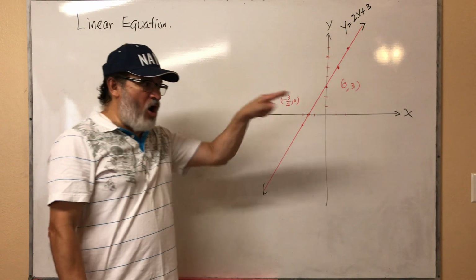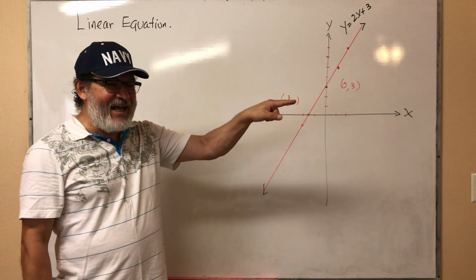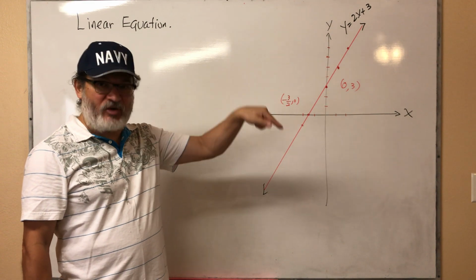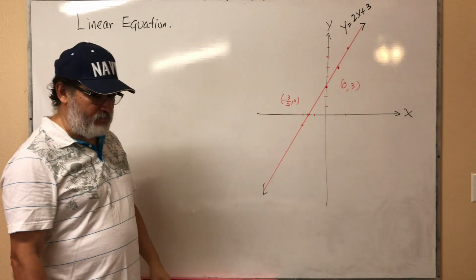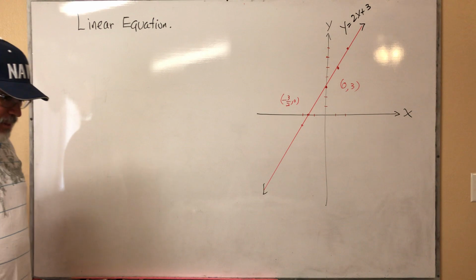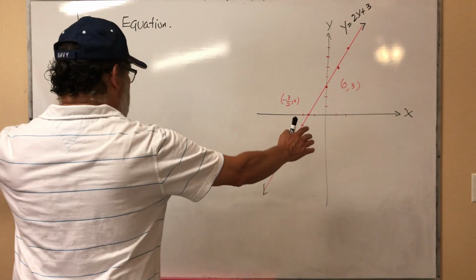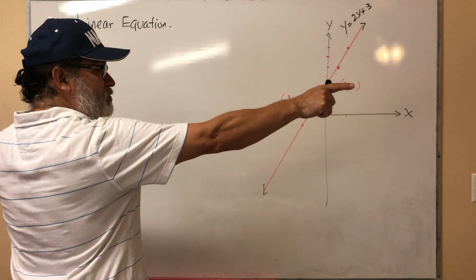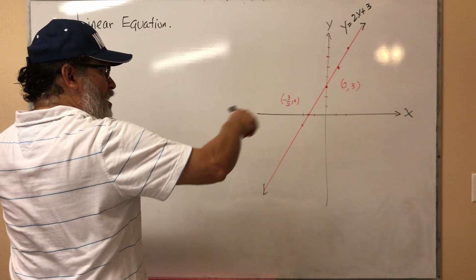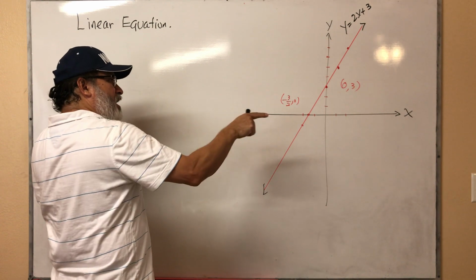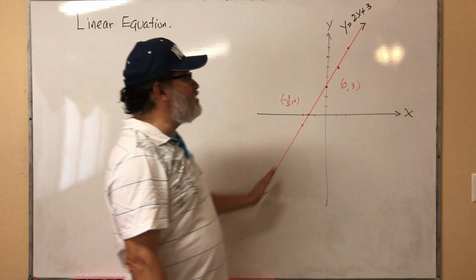You always look in that direction to find out if it is increasing or decreasing. So if you're looking at this, you always look to the right, and you notice that it's increasing.